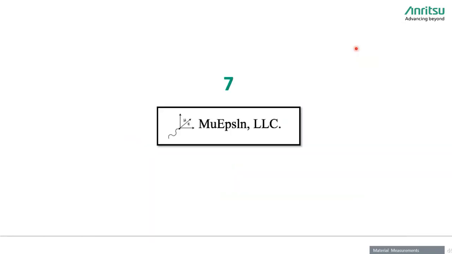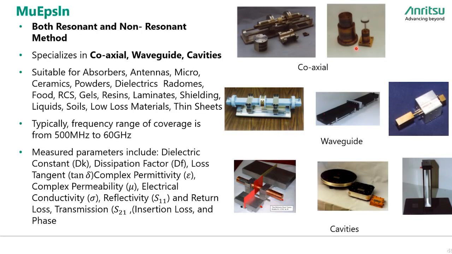The seventh we have is Mu Epsilon. This is our global partner. They are also working in both resonant and non-resonant methods, specializing in coaxial, waveguide, and cavity based solutions. They are suitable for absorbing material, antenna, powder, ceramic, dielectric material, radar domes, gel, resin, laminated shields, liquid soils, low loss material, and thin films.